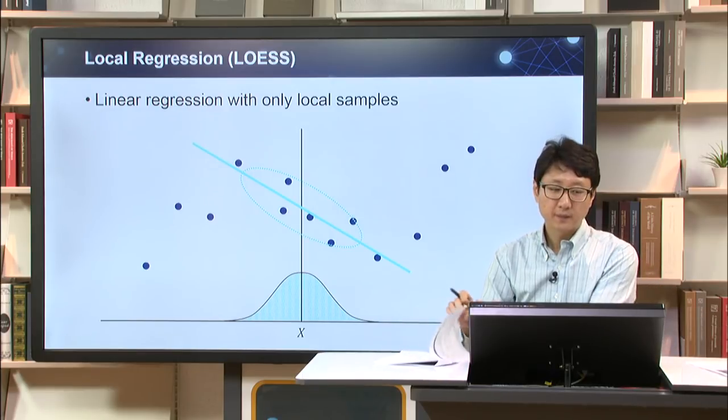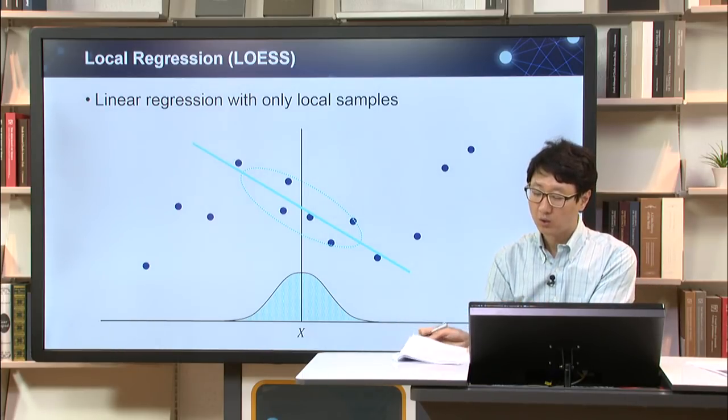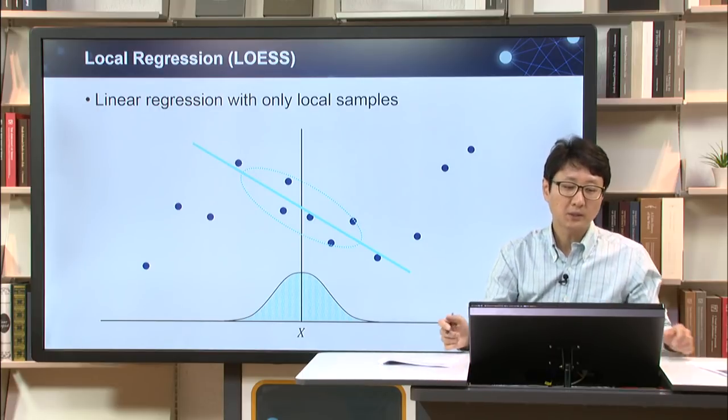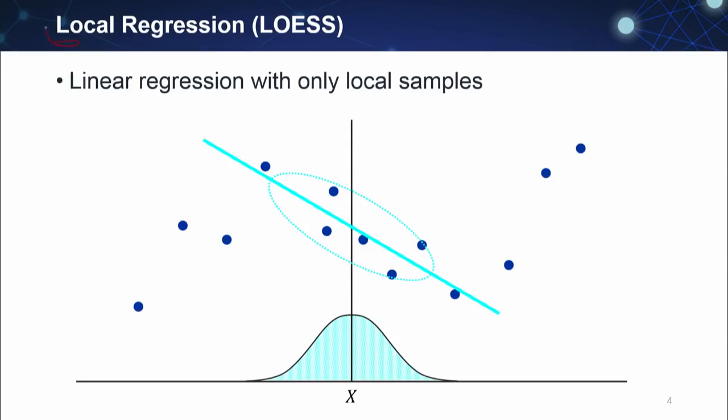Okay, so first, local regression, or loess. Loess actually comes from LOESS here. Let's consider a simple case with one x and y, capital Y. The horizontal axis is for x and the vertical axis is for y.